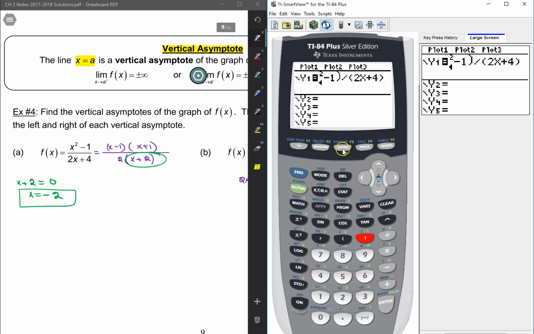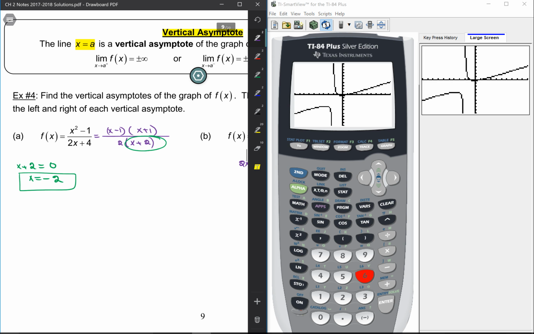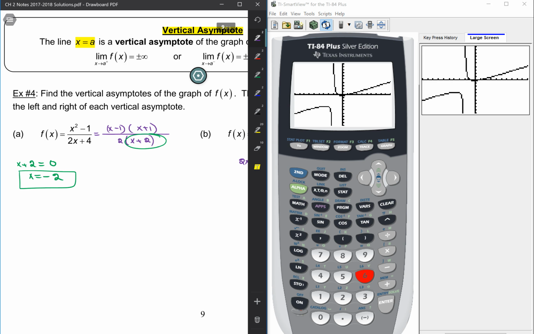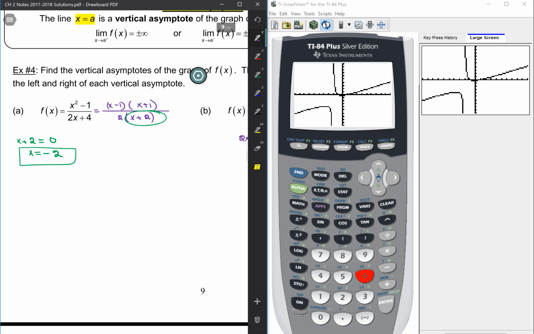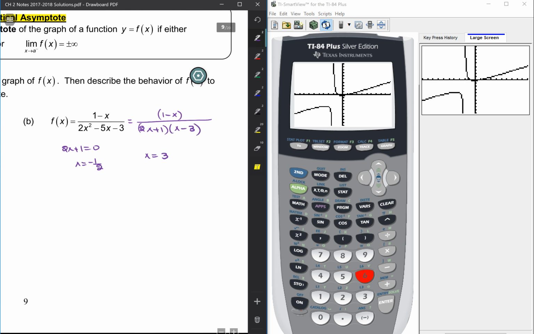Okay, so here we go. We're going to do Zoom 6 again because I know I changed my windows previously. Take a look at what happened. We know algebraically that it's got to have an asymptote at x equals -2. And look, it does have an asymptote at x equals -2. So let's talk about end behavior. You see how it says describe the behavior?